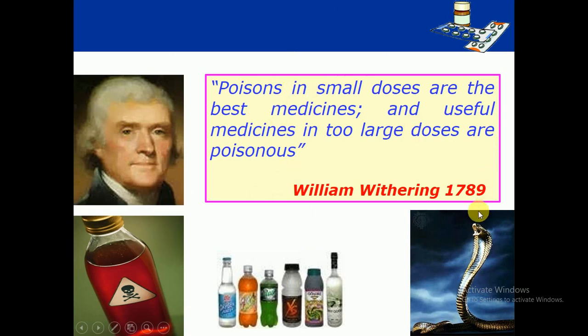Look at this statement by William Withering, 1789. He says that poisons taken in small doses become the best medicines, and if useful medicines are taken in too large doses, they become poison.